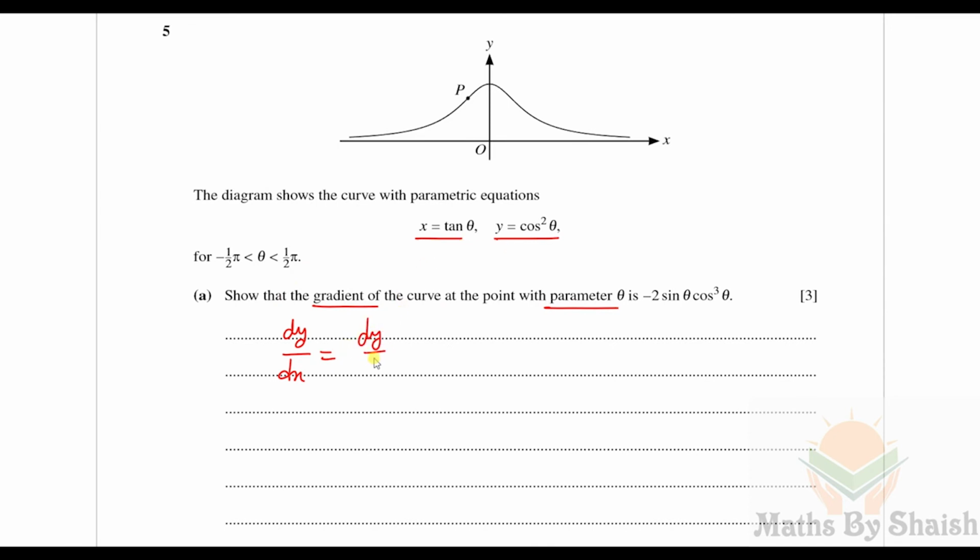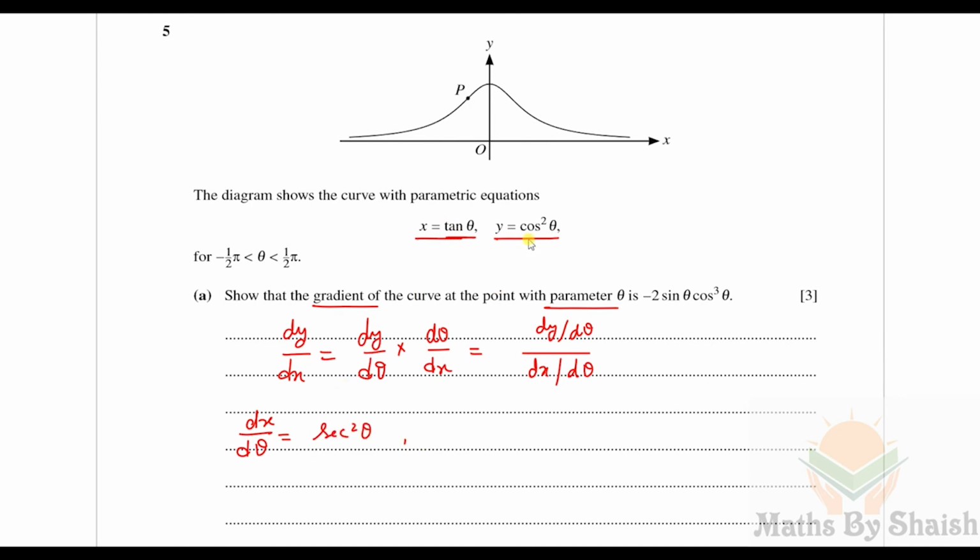So dy over d theta will find and then multiply by d theta over dx, or we can say it is dy over d theta divided by dx over d theta. So let's find them individually. dx over d theta is going to be the differentiation of tan theta, and tan theta differentiation is sec square theta.